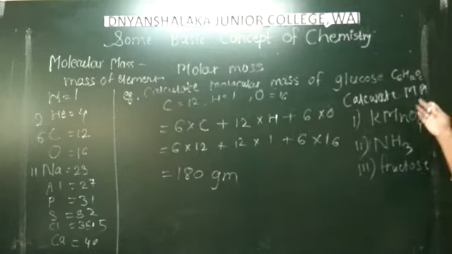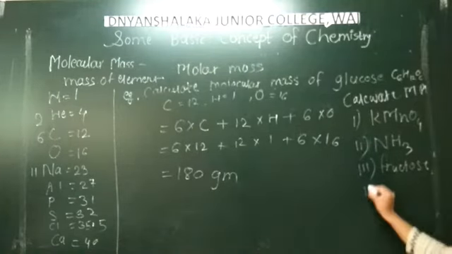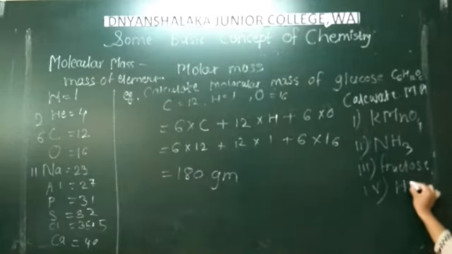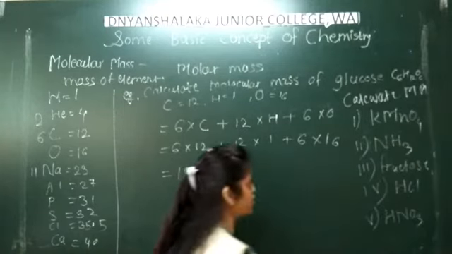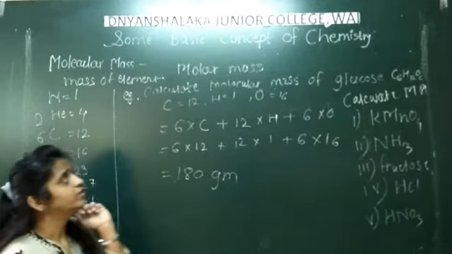Fructose also has chemical formula C6H12O6. Next, fourth example, hydrochloric acid. Next, fifth, HNO3 means nitric acid. You solve these questions for homework.